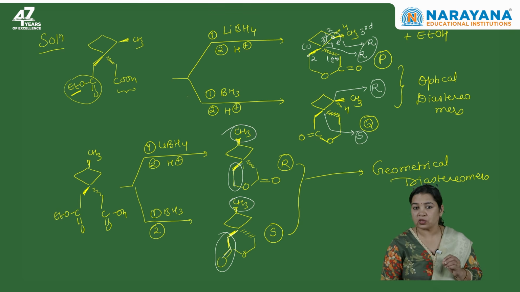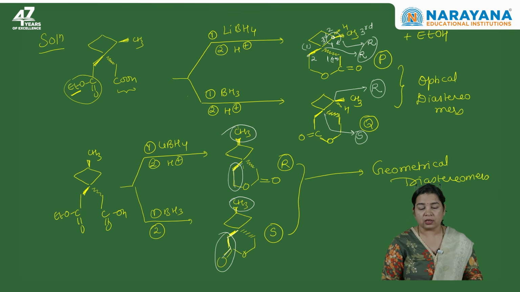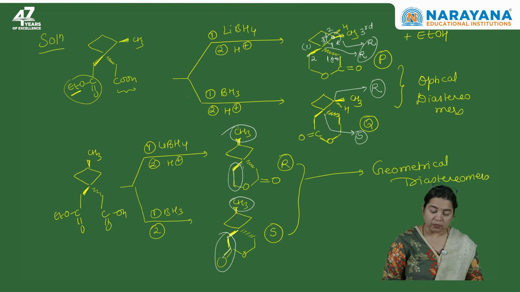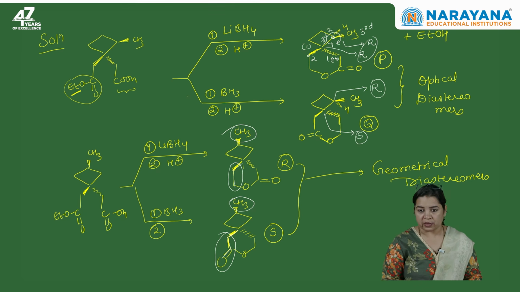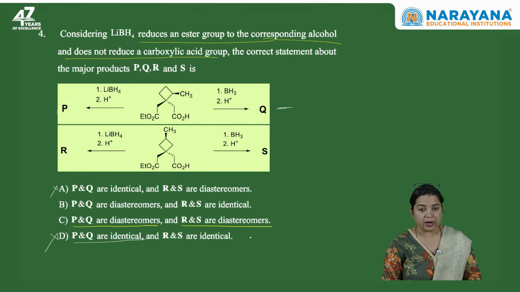Diastereomers are such stereoisomers, whether optical or geometrical, which are not mirror images of each other. So any two stereoisomers which are not mirror images of each other are called diastereomers, be it optical or geometrical. Coming back to the options, we decided PQ are diastereomers and RS are also diastereomers.